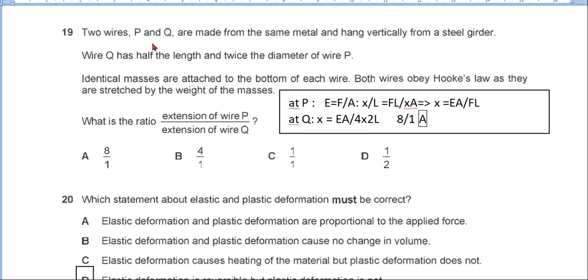Two wires P and Q are made from the same metal and hang vertically from a steel girder. Wire Q has half the length and twice the diameter of wire P. Identical masses are attached to the bottom of each wire. Both wires obey Hooke's law as they are stretched by the weight of the mass.